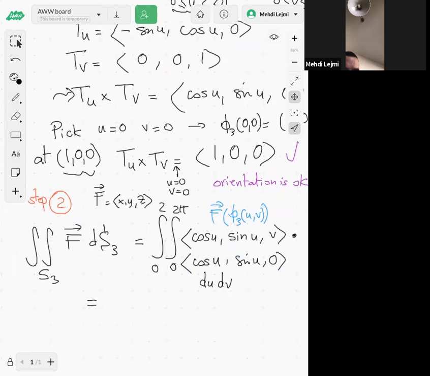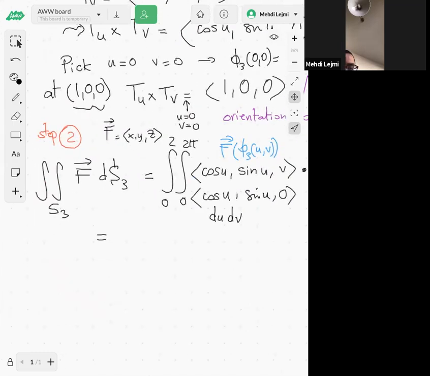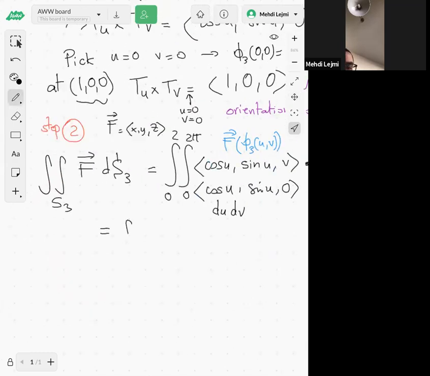So this is just the integral over 2 pi of cosine squared plus sine squared, which equals 1, du dv, so that will be equal to 4 pi.